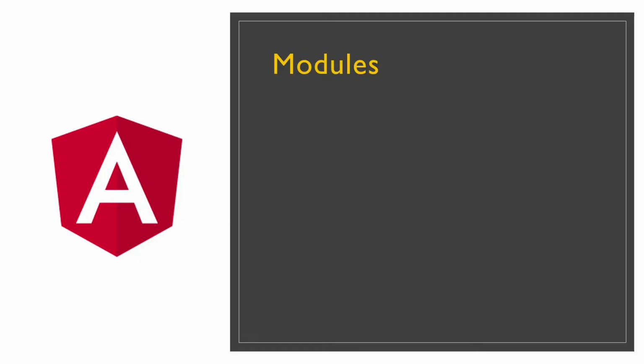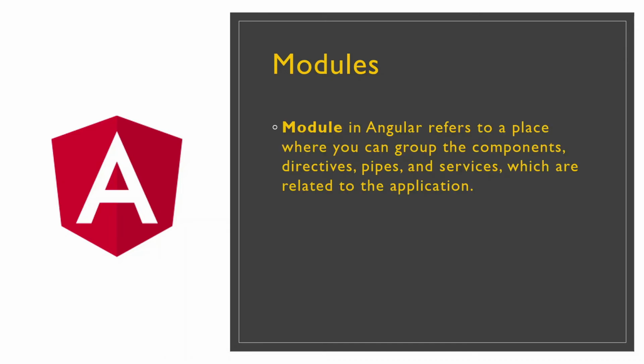The next topic is modules. In the module section, we will learn what a module is and how we can create modules. A module in Angular refers to a place where you can group the components, directives, pipes, and services which are related to the application.